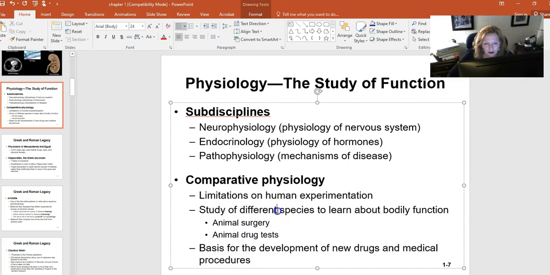So a lot of people can get upset about animal testing, but it is a way that we have learned a lot before we would take it to the human trials, because I think most of us could agree that we don't want to be using humans as the guinea pigs for much of this new information that we have.